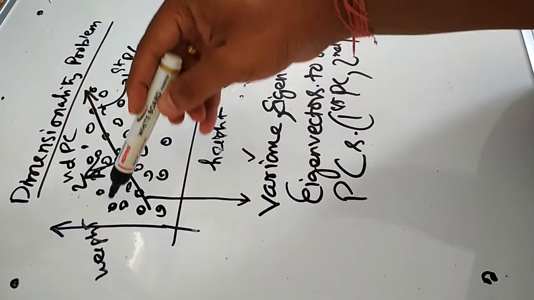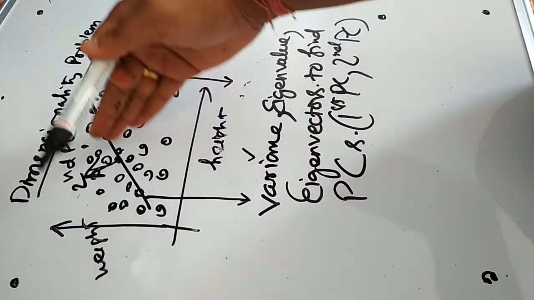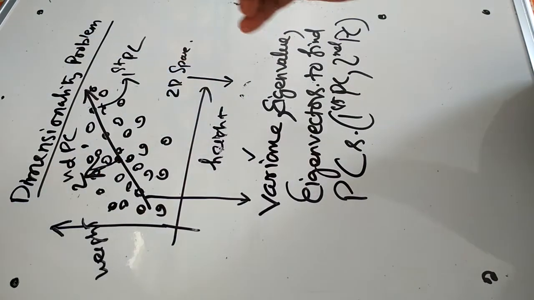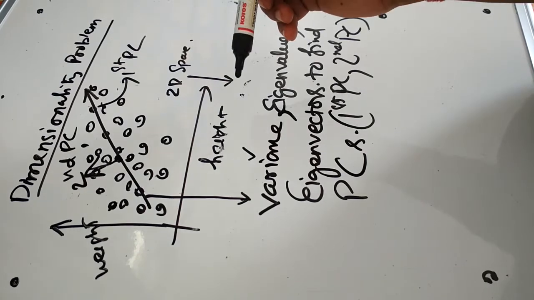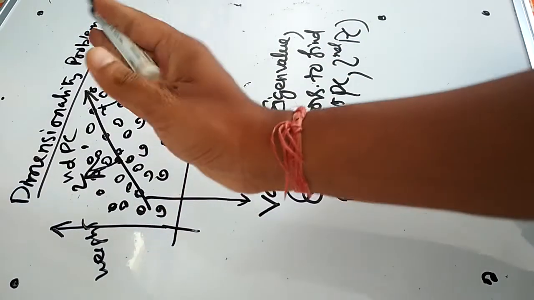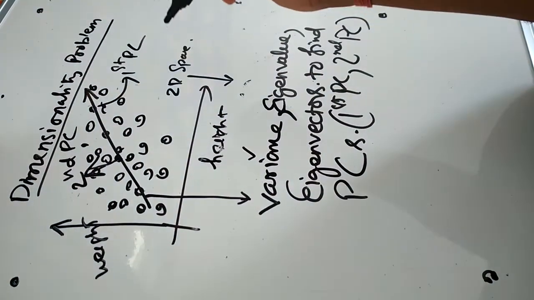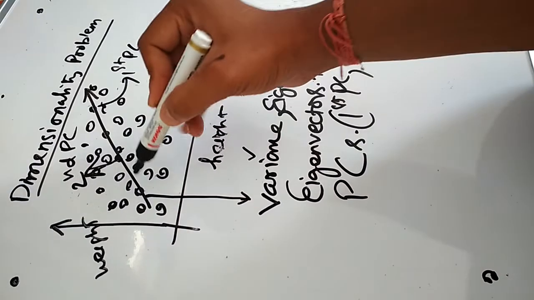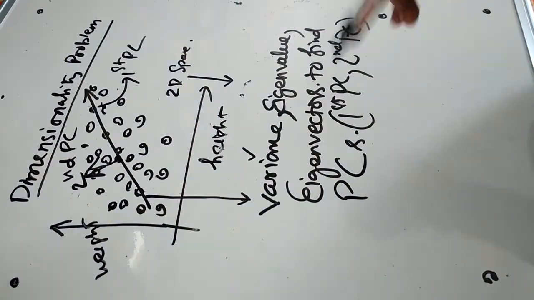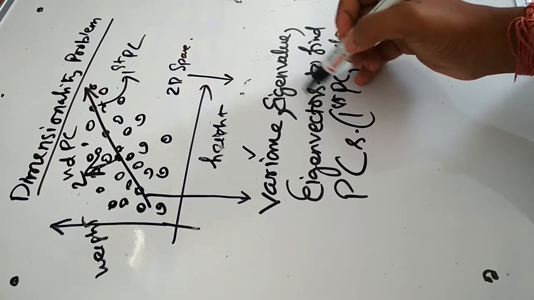Here we can see the points are varying in this region, which means we have to find a line that will go there, and the points are varying in this portion also, so we have to find a line here. As the line goes here, for that we are using the terms eigenvalue and eigenvector.